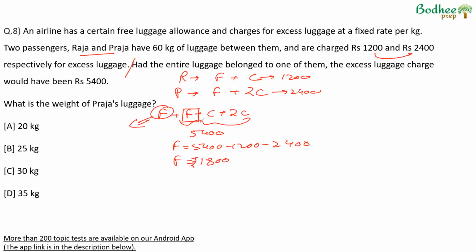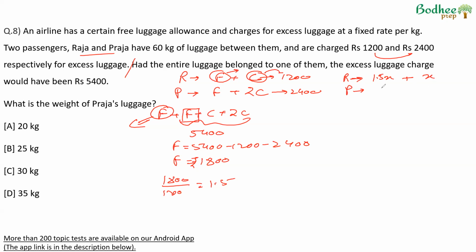Since the thing is proportional, we know that 1800 upon 1200 is 1.5. So if Raja has x kgs of luggage that is charged, 1.5x is free because this costs 1200 rupees, this is costing 1800 rupees, 1.5 times.